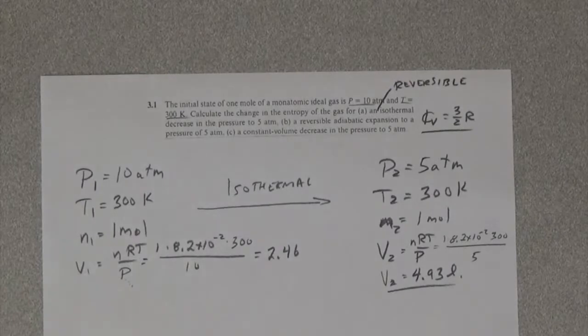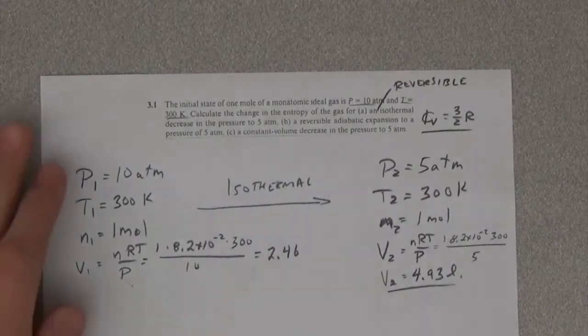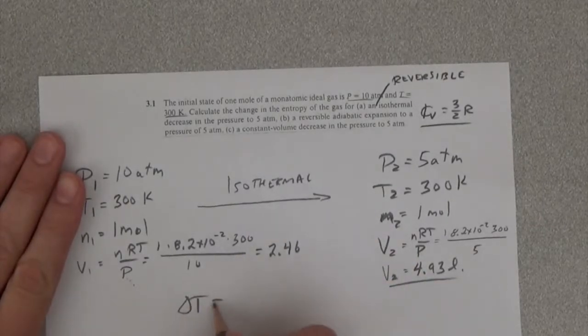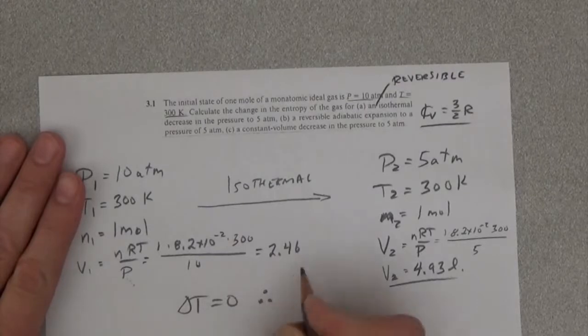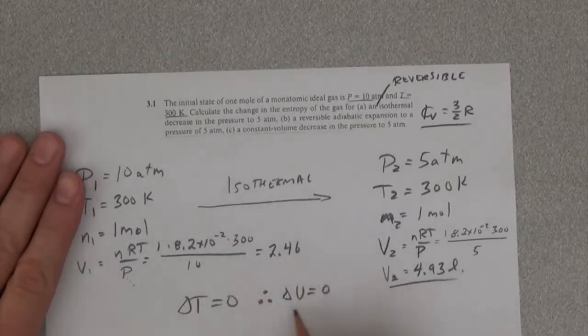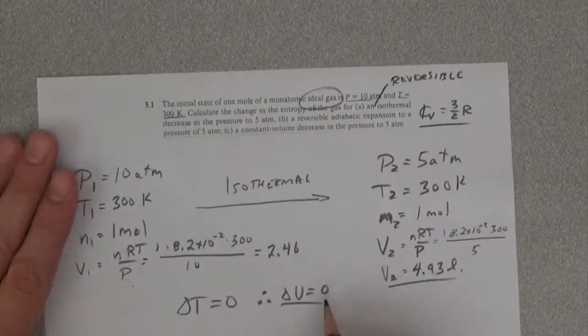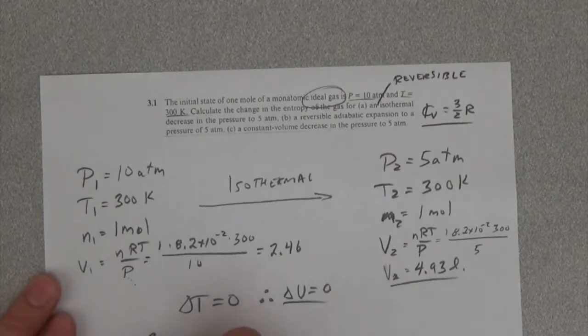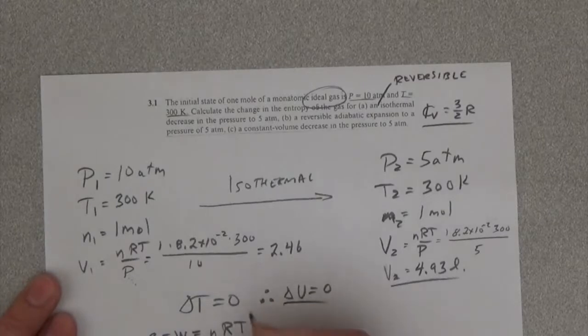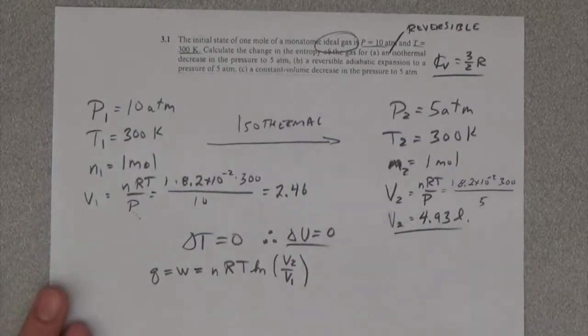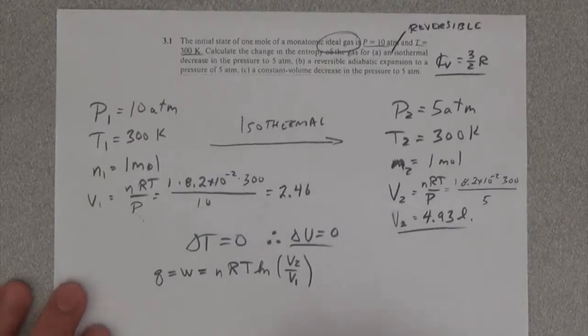And because we're calculating the entropy, we're going to just try to get the change in the heat. Delta T equals 0. Therefore, delta U is equal to 0 because it's an ideal gas. And that means Q equals W, which is equal to nRT natural log V2 over V1. Right, we solved this in chapter 2 over and over again for an ideal gas.